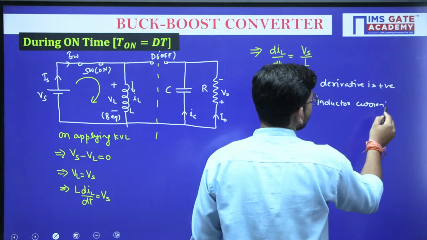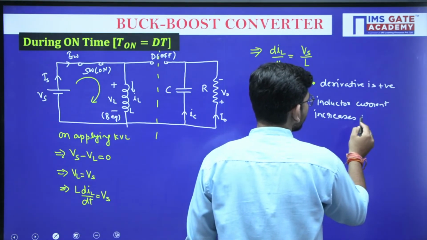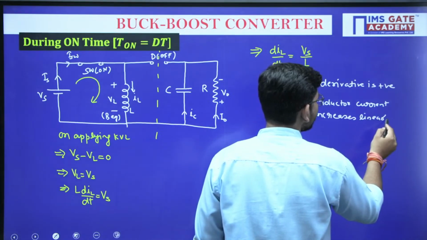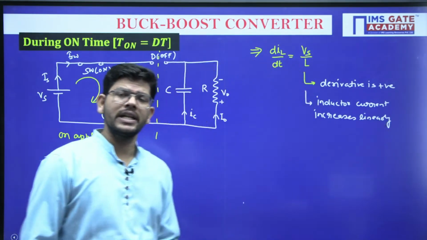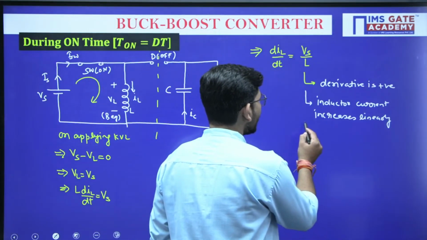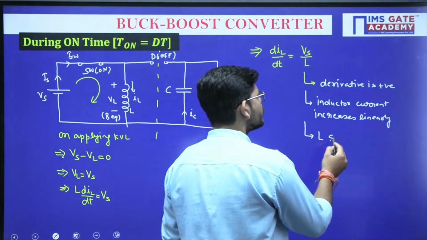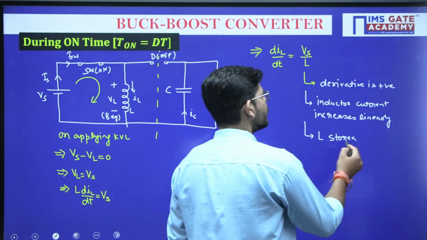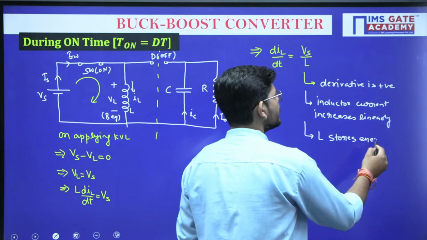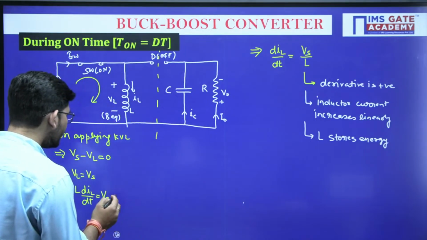So right now the inductor current is increasing linearly. Now when the inductor current is increasing, half Li square, the energy of the inductor, will be increasing, meaning the inductor stores energy at that point of time. So the inductor stores energy.